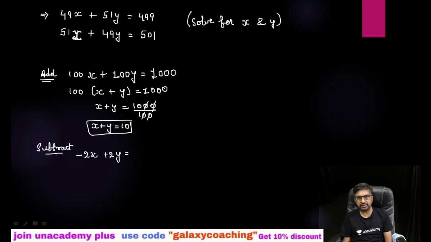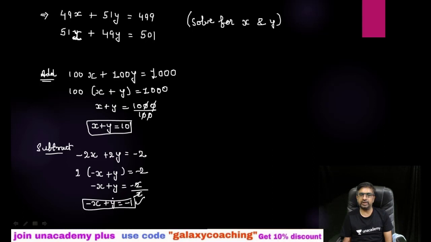And 499 minus 501, you will get minus 2. You can take out 2 common, so minus x plus y equals minus 2 by 2, which gets cancelled, and you will get minus x plus y is equal to minus 1 as your second equation.